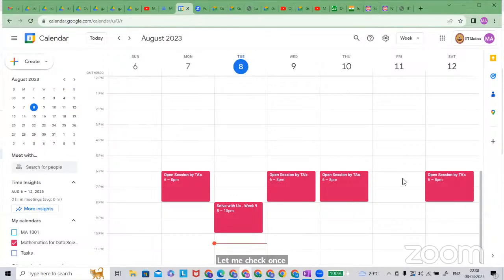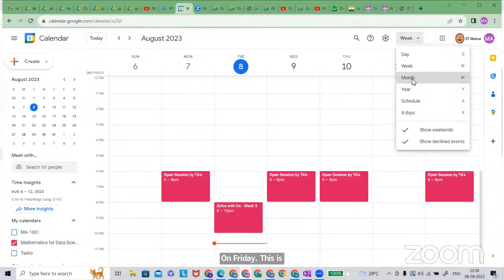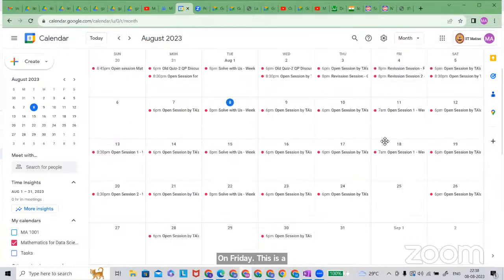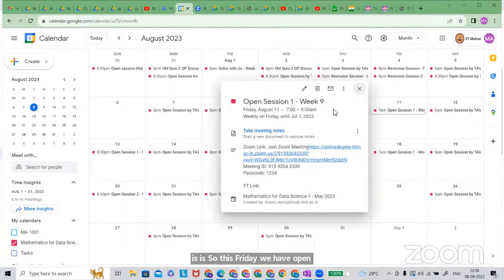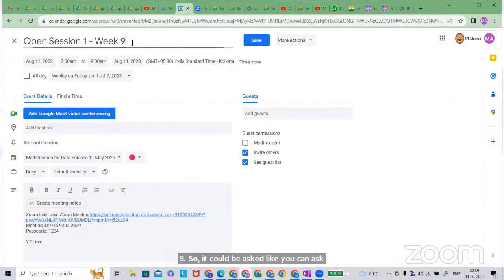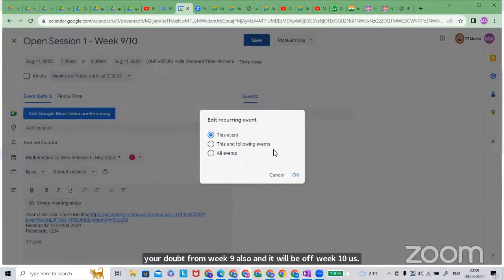This Friday we have an open session for week 9, in the mixed format. If somebody has doubts on week 9 also, because this is the last day of week 9, you can ask your doubts from week 9 also, and it will be of week 10 also. This is the first session of week 10. Okay, sir.